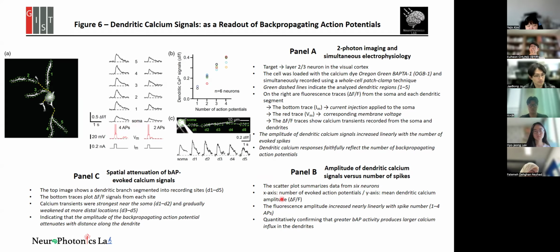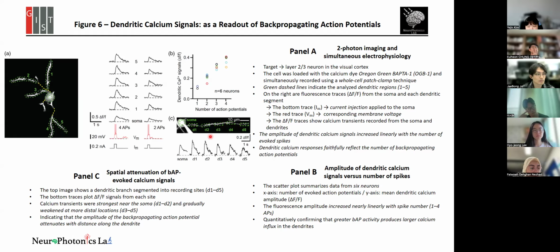And panel B illustrates the changes in calcium signals according to the number of spikes. The x-axis is the number of the action potential, and the y-axis is the mean dendritic calcium amplitude. And the fluorescence amplitude increased nearly linearly with spike number, quantitatively confirming that greater backpropagating action potential activity produces a larger calcium influx in the dendrite.